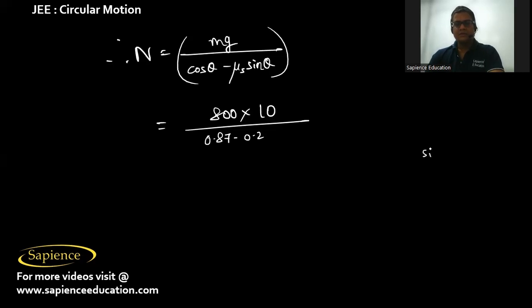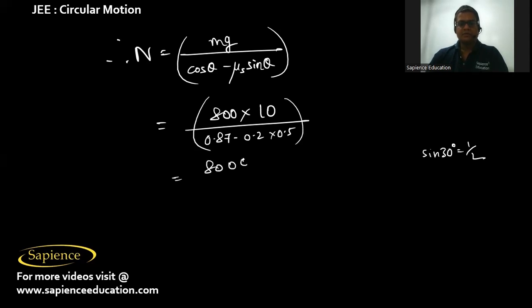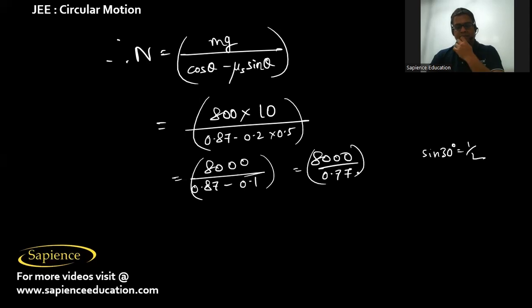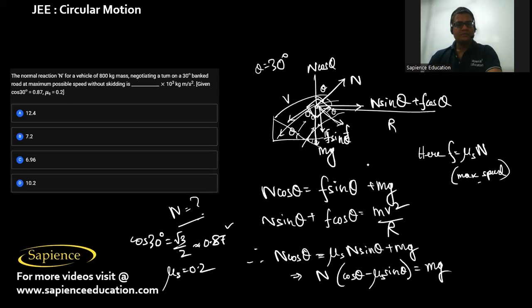Now sin 30 degree, as you know, is half, that is 0.5. This will be equal to 8,000 divided by 0.87 minus 0.1. So this will be 8,000 divided by 0.77. This much Newton.